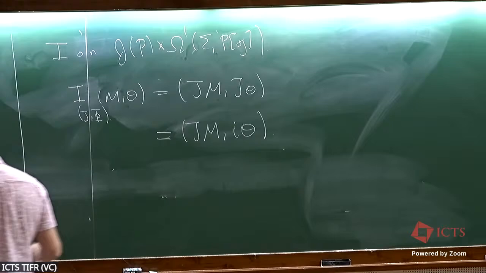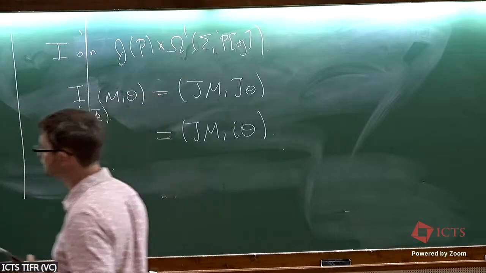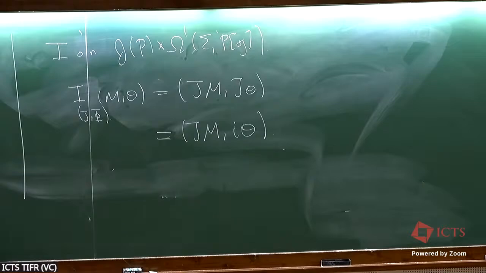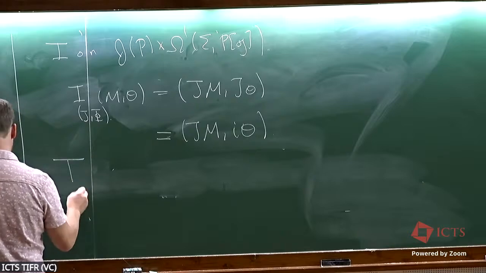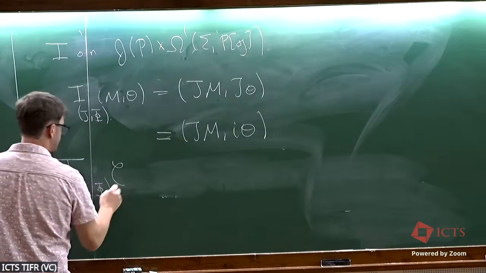Okay, so now let me end by writing down what the tangent space to the configuration space C is. So what is T at (J, phi) of C?